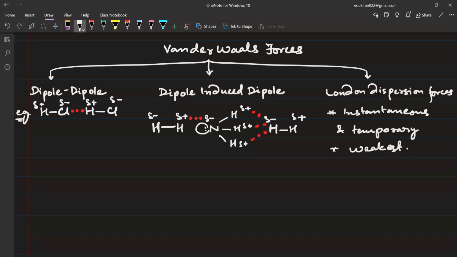Okay. Now moving on to the next one. The second weak force that we have to understand is the hydrogen bond. Hydrogen bonding.